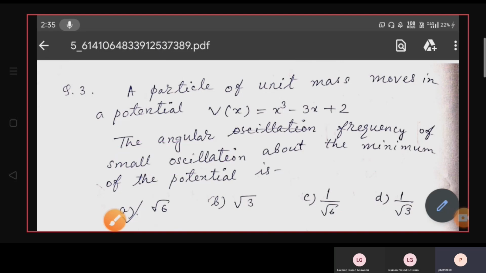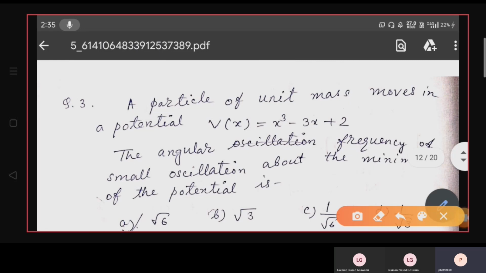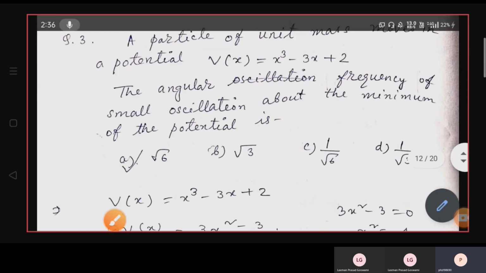First, we should understand how to solve the question. You are given a potential and asked to find the angular frequency of small oscillation about the minimum of the potential. It can also be asked about the maximum of the potential. We will understand it thoroughly.